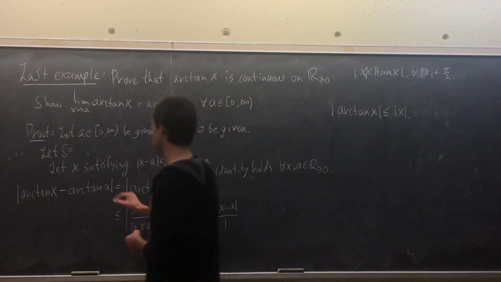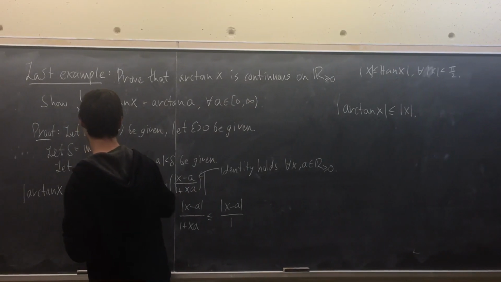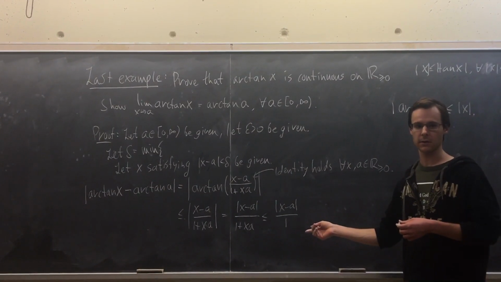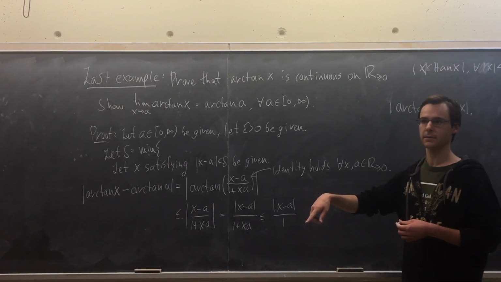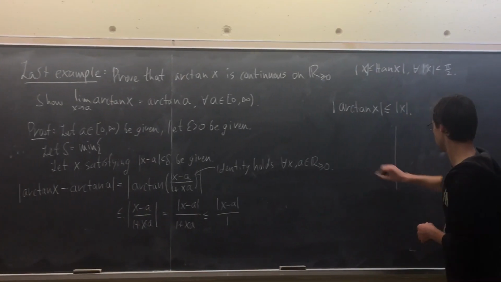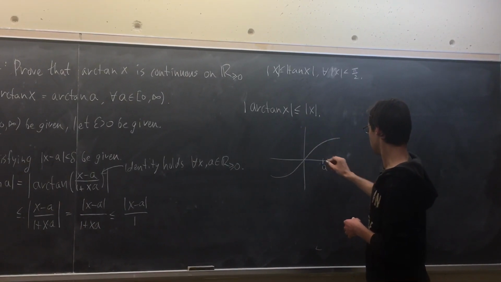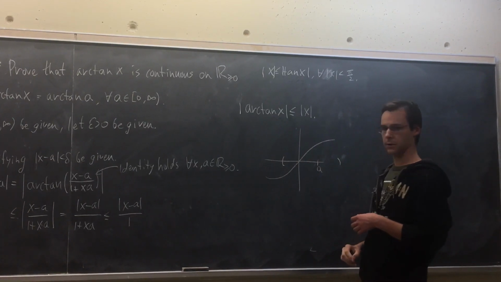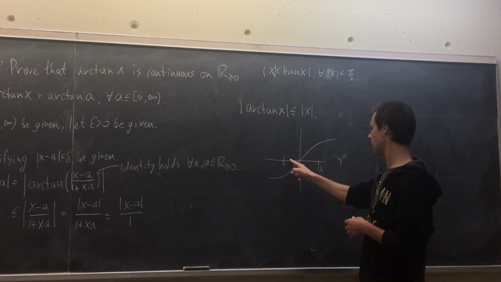So what does that mean? It means that when we're choosing our delta window, we have to make sure that the delta is not larger than a. Because if a, this is arctan here, if a is over here, and delta is allowed to be larger than a, our delta window could look like that, and then negative x's could come in.